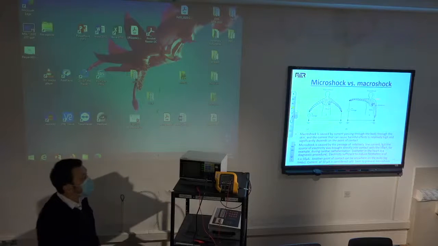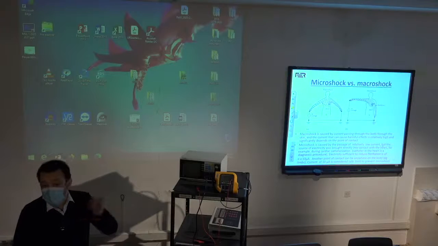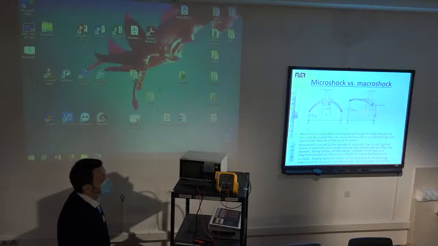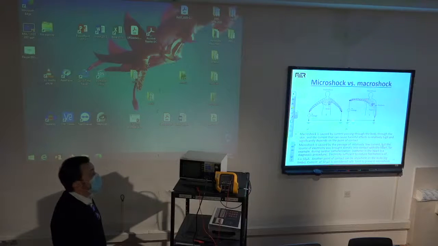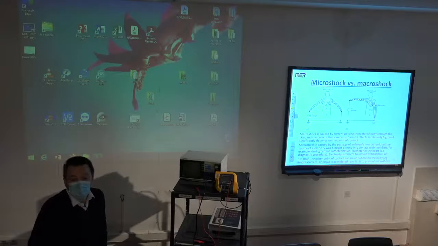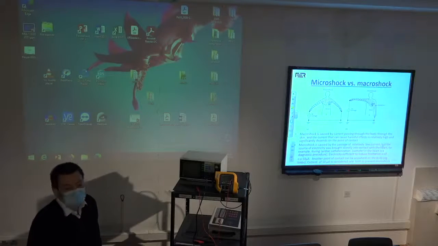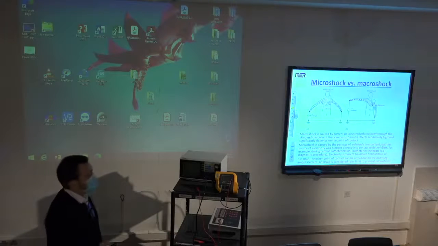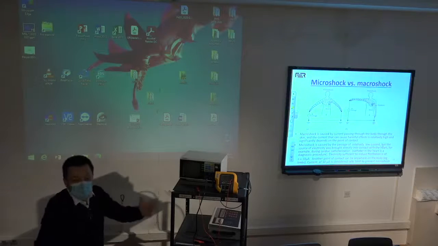So the micro shocks, though it looks micro, something very small, because of the definition that a micro shock is caused from a source closing the electrical circuit directly through the heart, are much more possible than the macro shock, which may be just an accident in a kitchen or something like that.